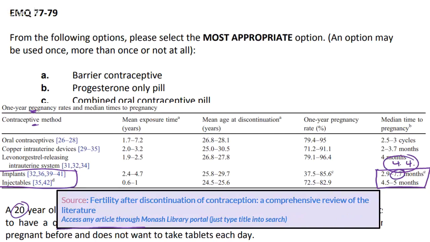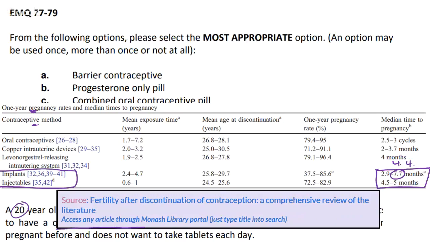For depo, there might be quite a few outliers with a return to fertility of 12 months. Typically the teaching is that depo has a longer return to fertility, but this study suggests it's quite similar. It makes sense that the Mirena has the best return out of those three.